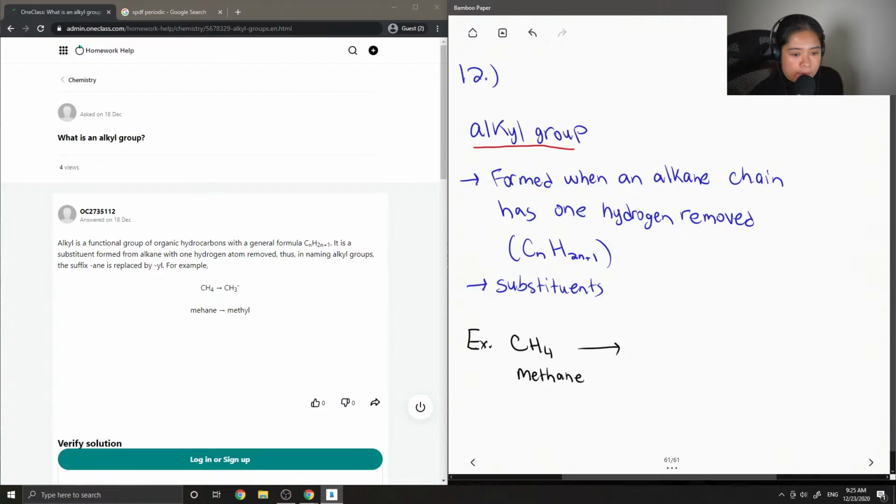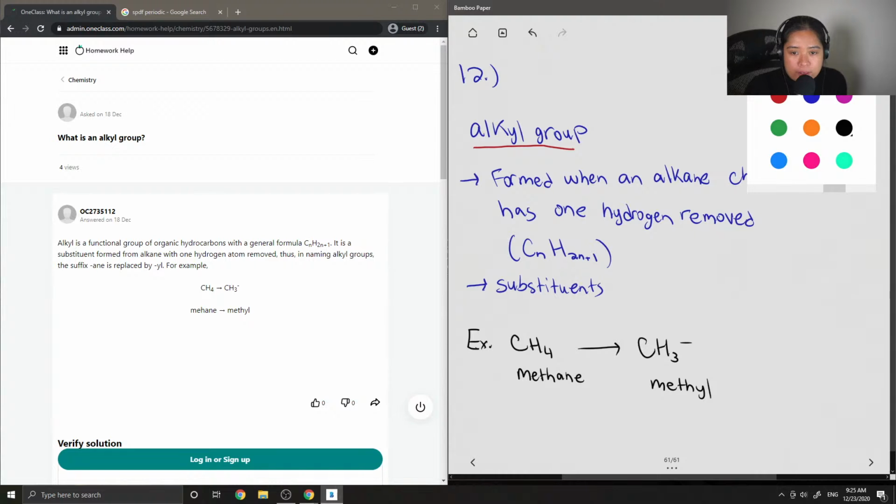If it were to lose one of its hydrogens, it becomes the group methyl. I'll just have another example because we have time.